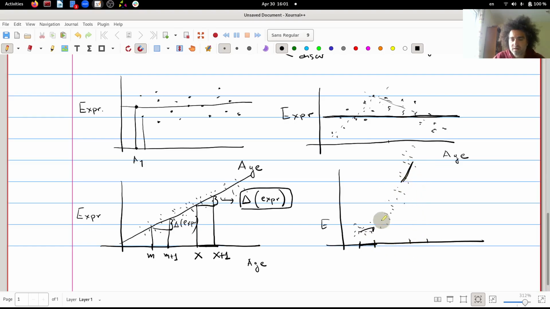So in this data, the change in the expression level depends on from which age we start. Here the change in the expression data does not depend on the age that we start from, either M or X here.